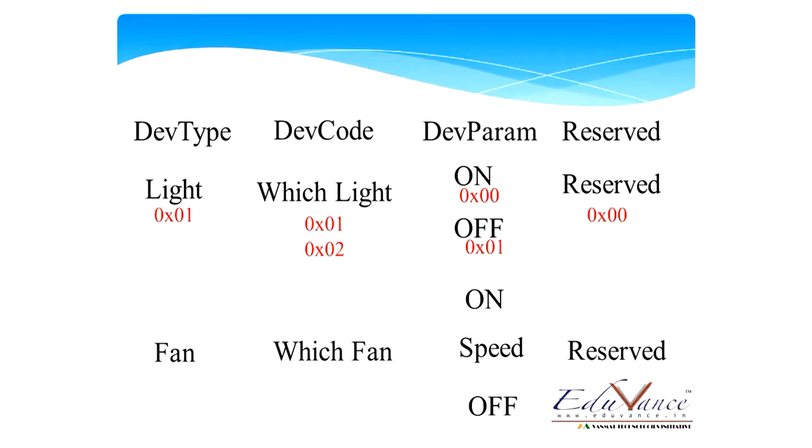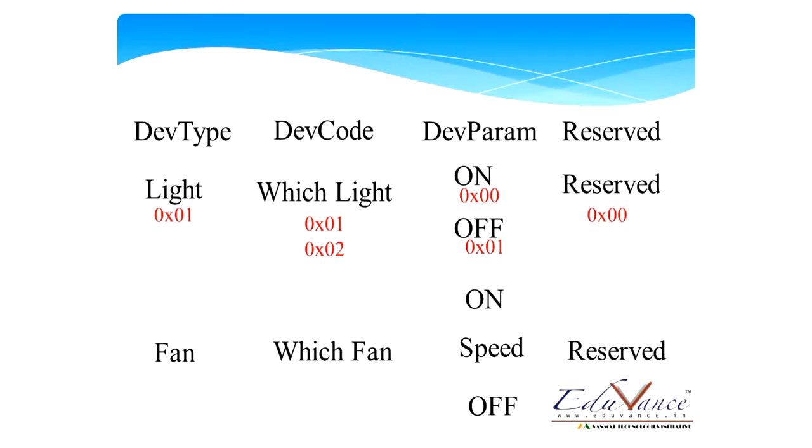So what happens if you want to turn on the light? If you want to turn on the first light, you will send the code 0x00, 0x01, 0x00, 0x00. The first line altogether, you're going to send that code and your light will turn on.